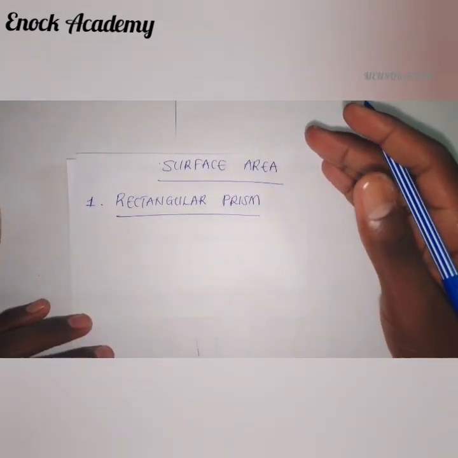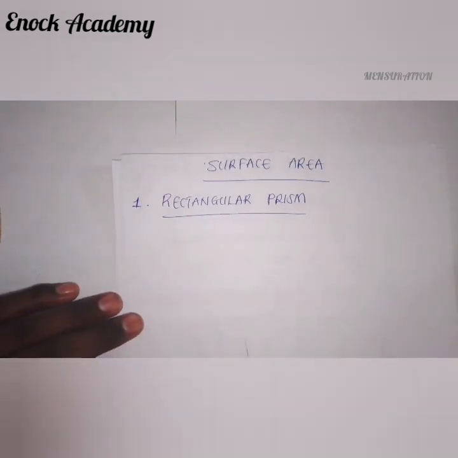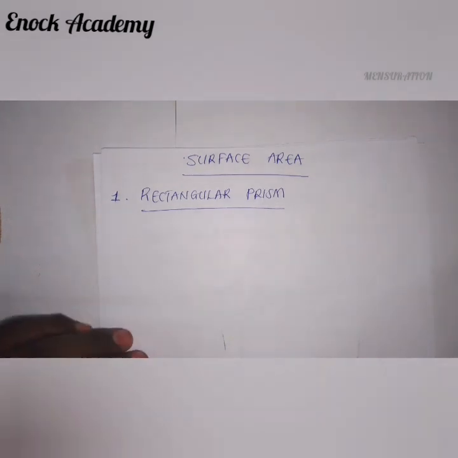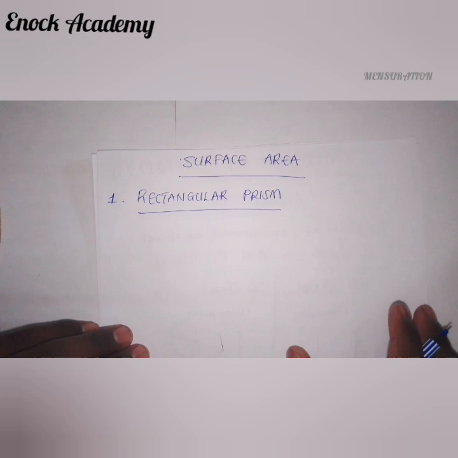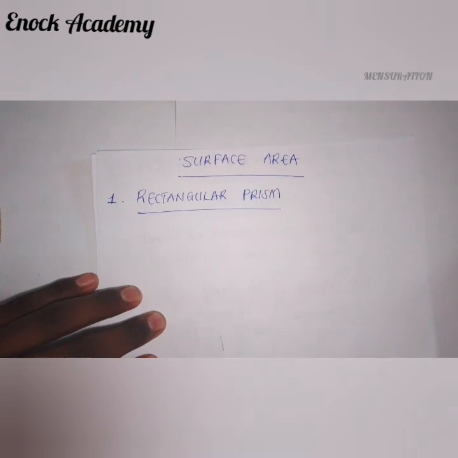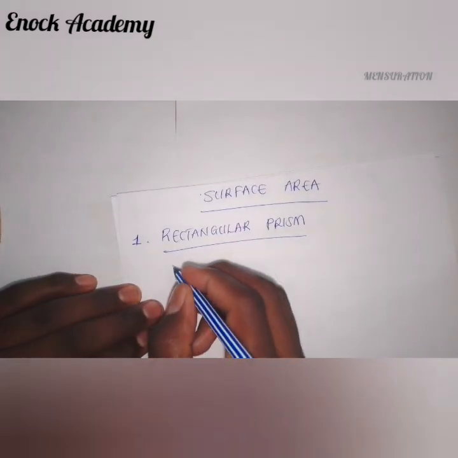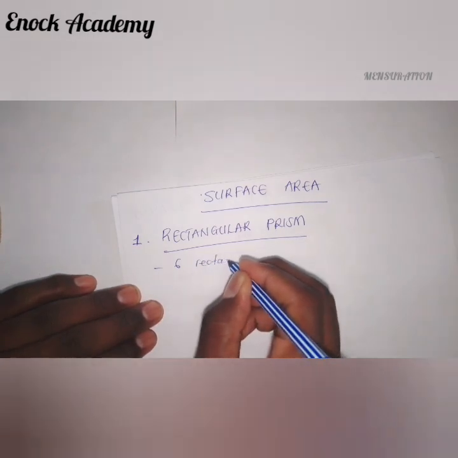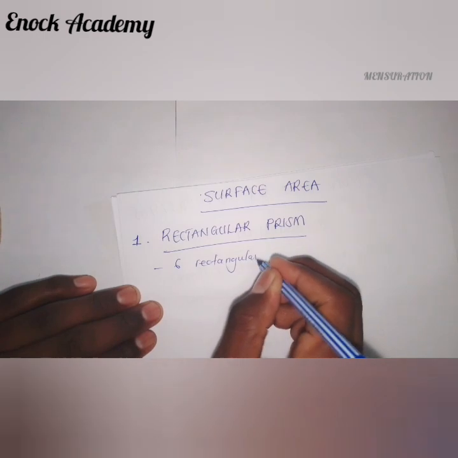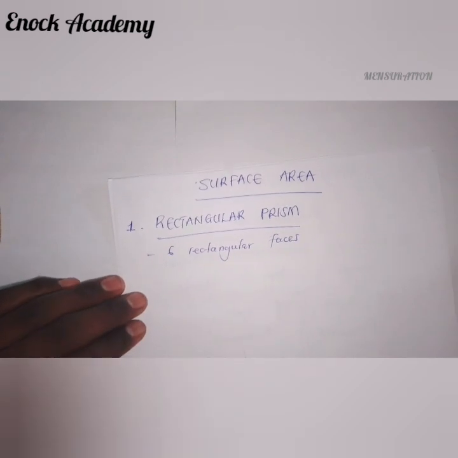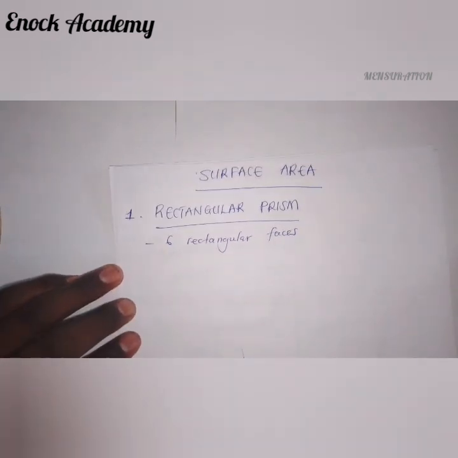So let's start with the rectangular prism. First of all, how does this one look? The rectangular prism has 6 rectangular faces.